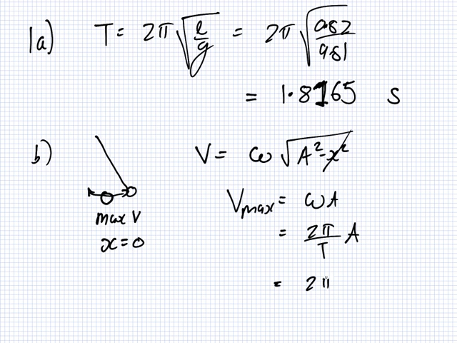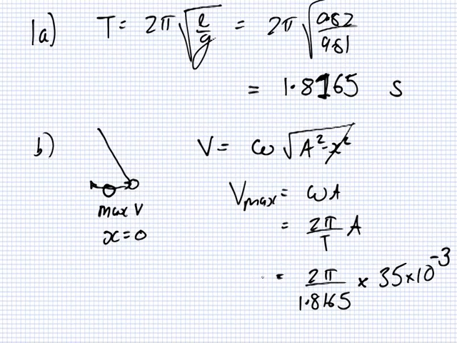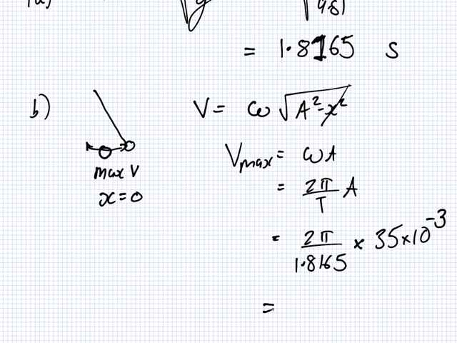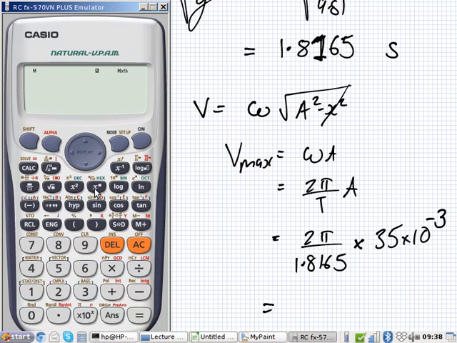This is 2 pi over 1.8165 multiplied by a, which in the question is 35 millimeters. Let's calculate that. Did you use meters? So I just use 35. Not quite, it's like you did 35 meters. So it's 2 pi over 1.8165 times 35 times 10 to the power of minus 3, which is 0.121.